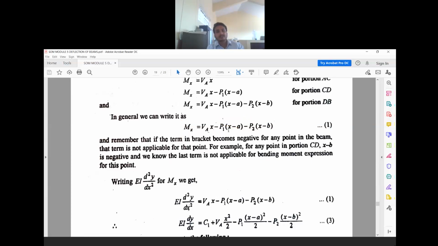So this is the general equation. In the general equation you have to substitute x minus a and x minus b separately. If the value of x minus a or x minus b, either of them is negative, then you have to negate or ignore that part. Okay.